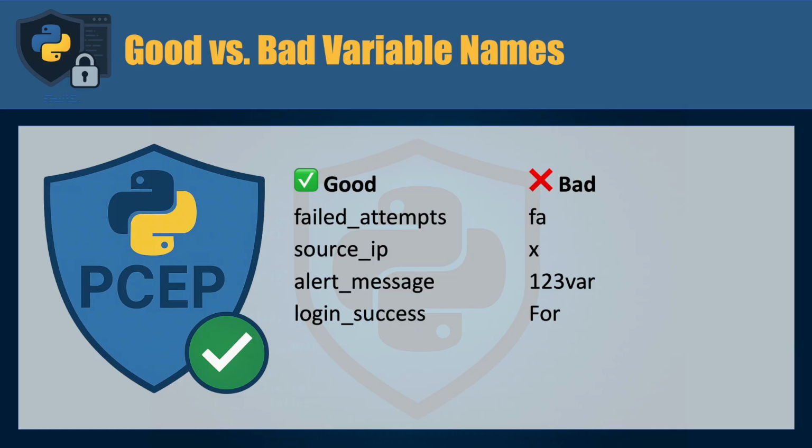Choose names that communicate meaning like failed underscore attempts or source underscore IP, not single letters or cryptic abbreviations. Also, you cannot start a variable with a digit. They must start with an underscore or a letter. You cannot use a keyword, a reserved word. Those will also be trick questions on the PCEP exam.